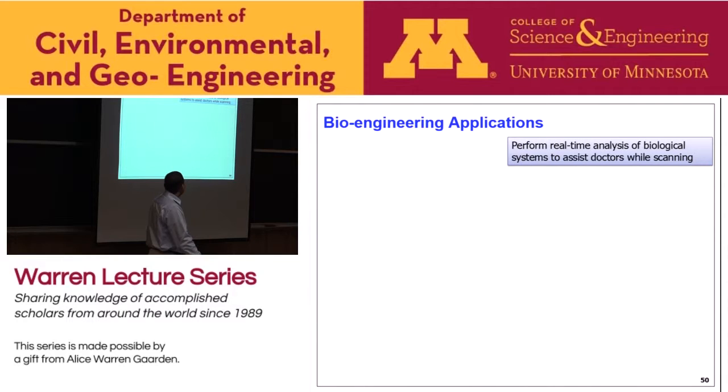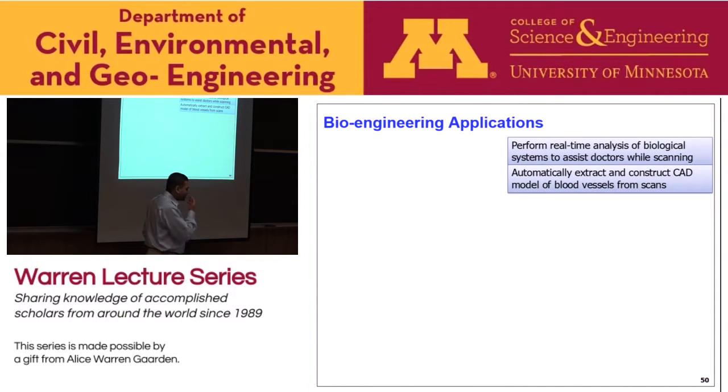And finally, in terms of bioengineering applications, I feel that these design and analysis tools could help in performing what are called real-time analysis, so that doctors can get the patient data, do the analysis, and then figure out what's the best course of treatment for this patient.